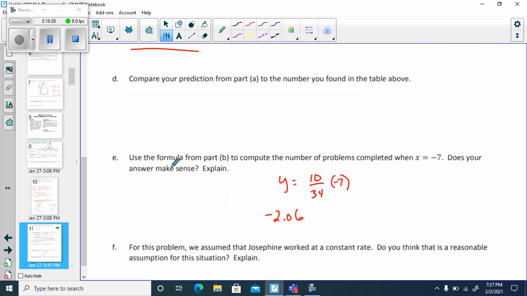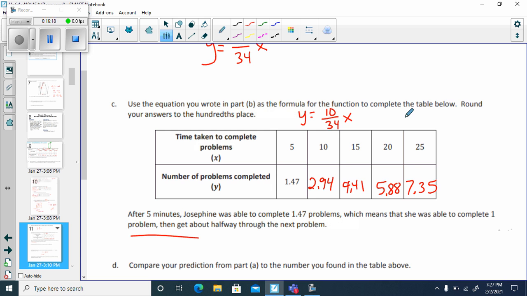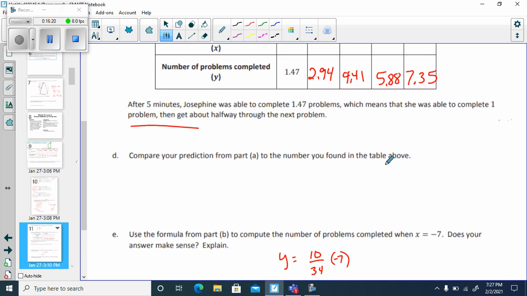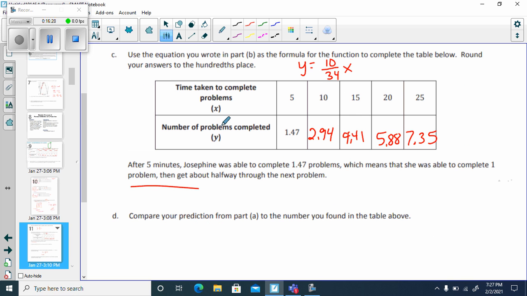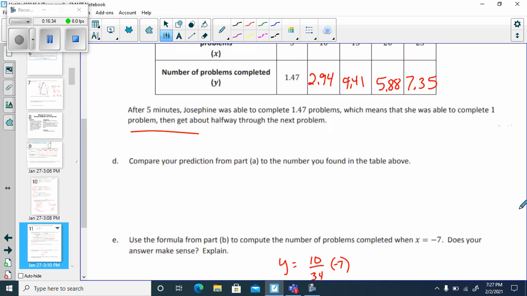On E, use the formula for part B and compute the number of problems completed when x is -7. Well, I can plug this in for x up here, okay, -7. And if I do, I get -2.06. But x stands for what? The time that it takes to complete problems. And y is the number of problems completed.